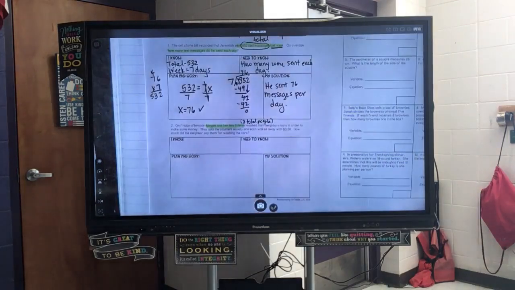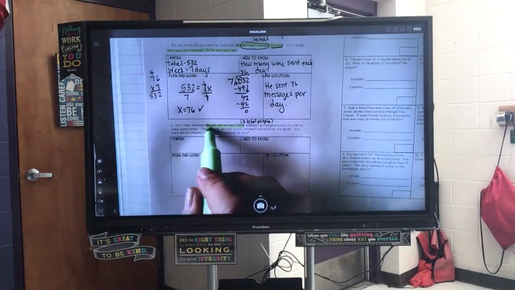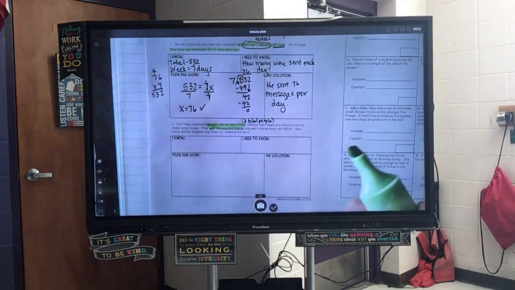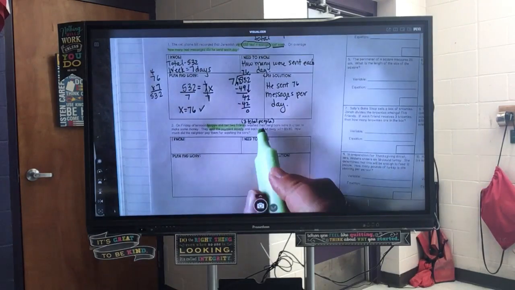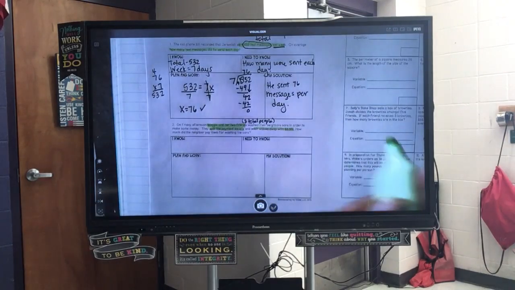All right, the next sentence, what's important in that one? Noah? They split the payment equally and walk away with $3.50. And what's important in the last question? How much did the neighbor pay them?